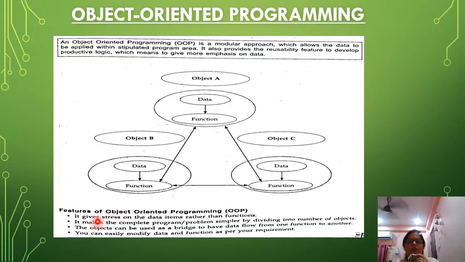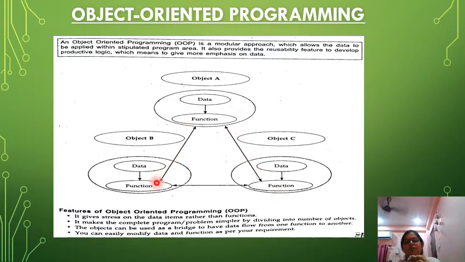Now, what are the features of object oriented programming? See, the first feature is that it gives stress on data items rather than functions. It makes a complete program by dividing it into a number of objects. See here, the program has been divided into object A, object B, and object C. Object A is a complete program, object B a complete program, object C is a complete program.